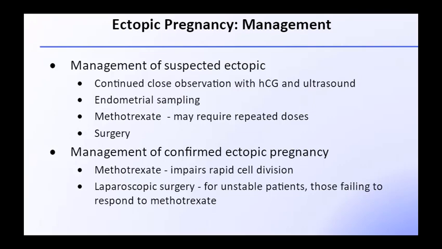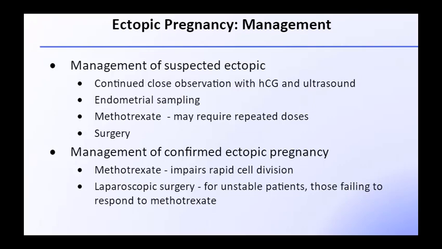Methotrexate treatment and surgery generally are reserved for circumstances in which an ectopic pregnancy can be definitively diagnosed or is suspected with high probability. Methotrexate, a chemotherapeutic agent when used at high doses, is injected at low doses. It acts by impairing the rapid cell division seen in tissues like a developing embryo.